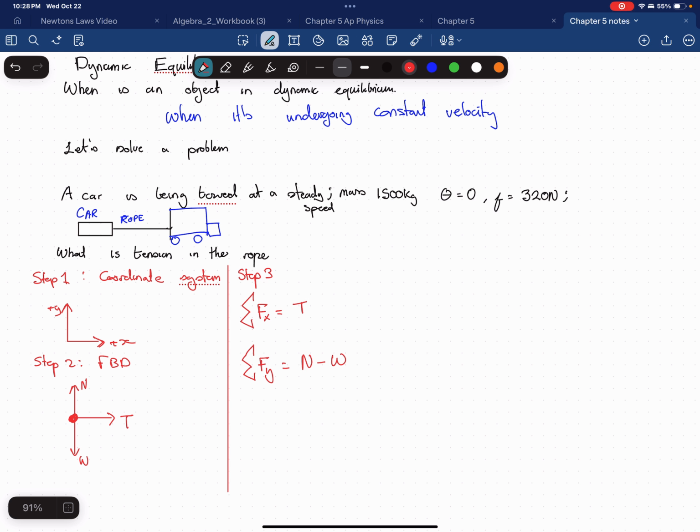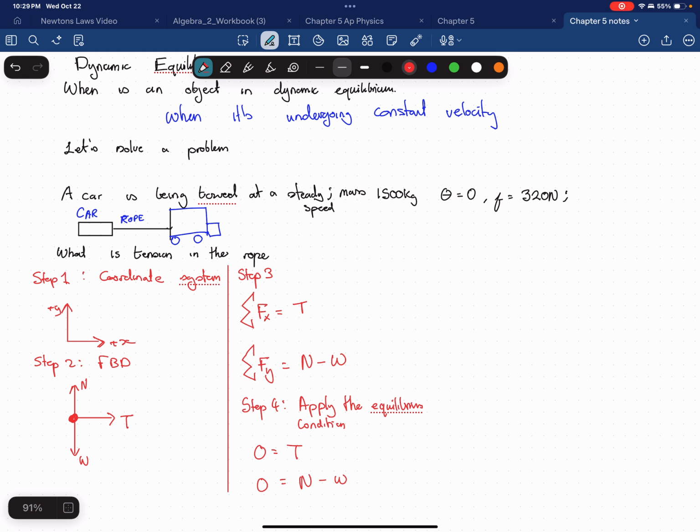Now, step 4: apply the equilibrium condition. So 0 is equal to T. 0 is equal to the normal force minus the weight.